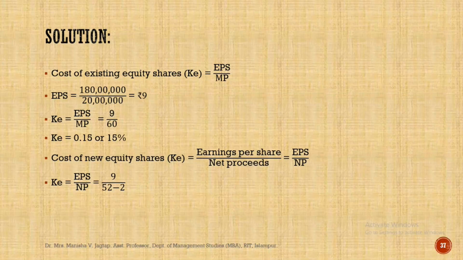So now it is given that 52 rupees is the price of the share and 2 is the expenses, and then in this way the cost of equity is 18%.